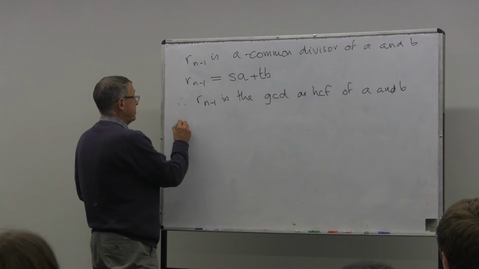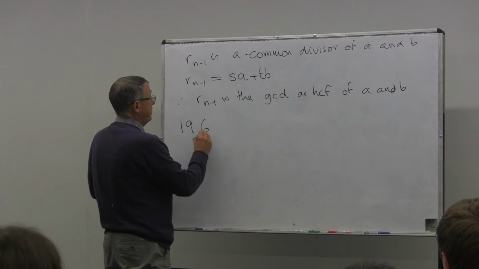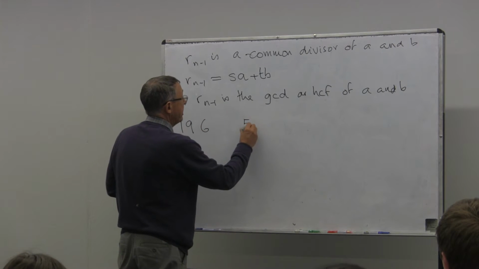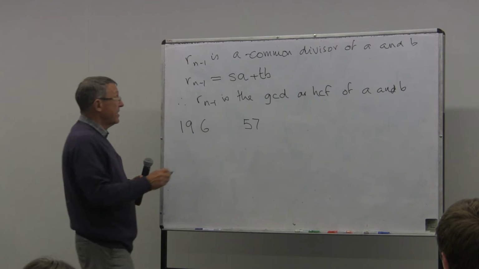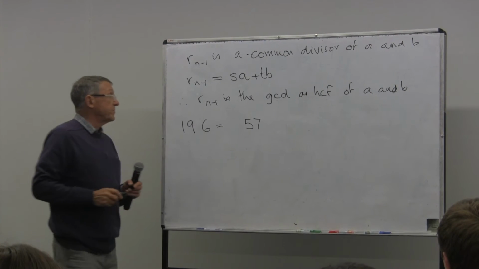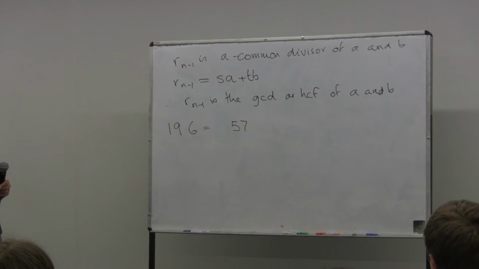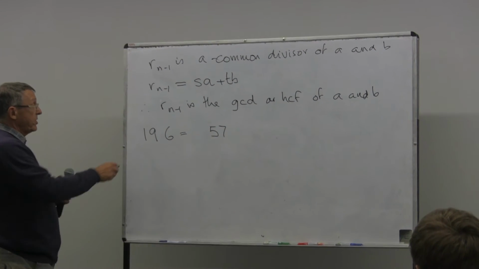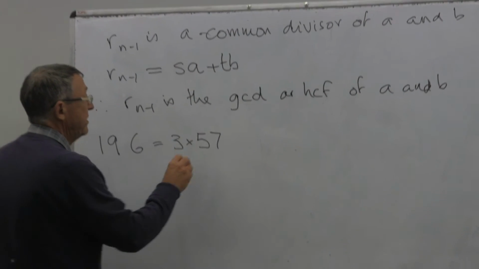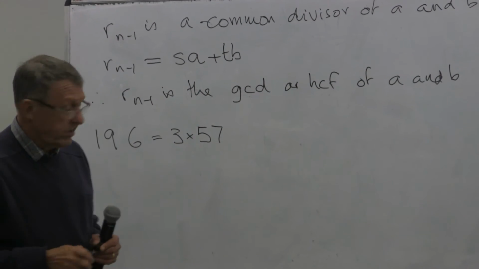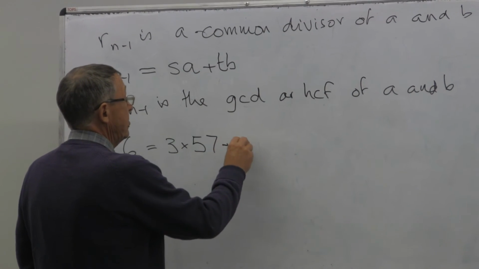I chose them pretty well at random: 196 and 57. 57 is a bit short of 60, which goes, so 360 is 180, so it's 3 times 57. Oh, I can't work them out. So I'll just cheat and look.